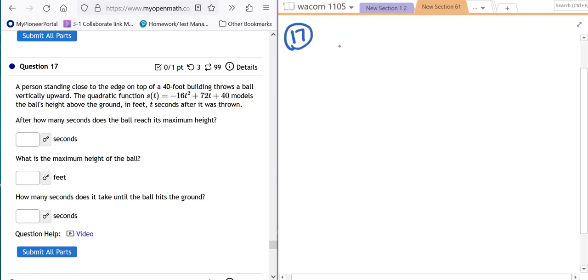A person is standing close to the edge on top of a 40-foot building and throws a ball vertically. All right, so we will just draw a little picture. A person is standing on this building, and it is 40 foot up. He's standing here, he's throwing the ball, and it's going to come back down and hit the ground. This is where he's throwing it from. This is our model.